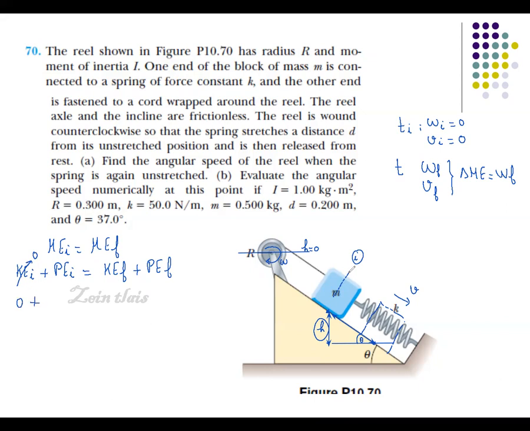At the initial position, let's start with the block M. The block M is at a height h from the reference h equal to 0, so the block M has a potential mgh.